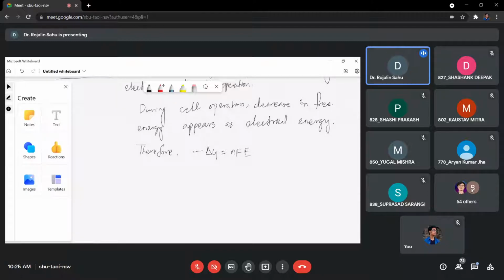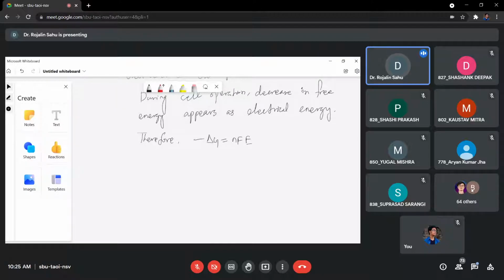Again, by putting in the Gibbs-Helmholtz equation, minus nFE is equal to del H minus nFT del E by del T at constant pressure.